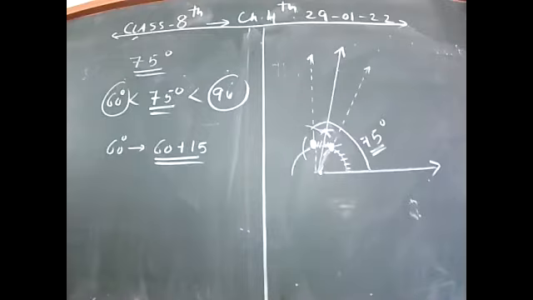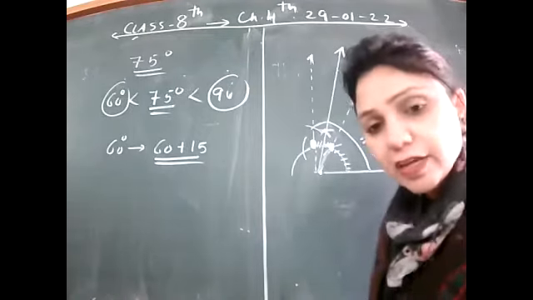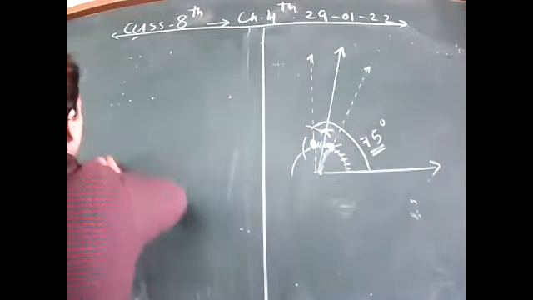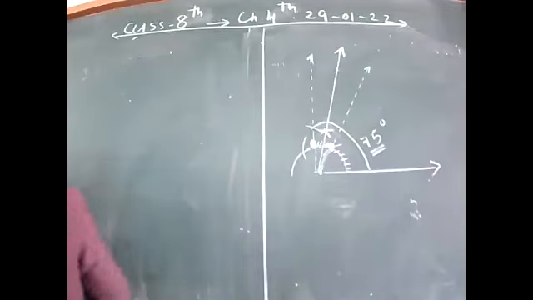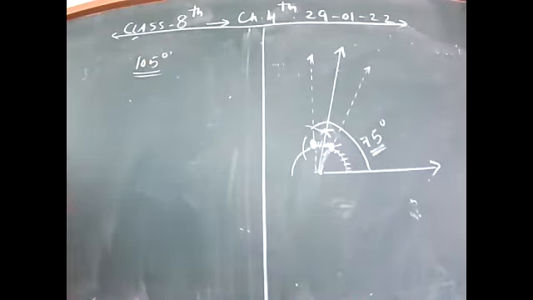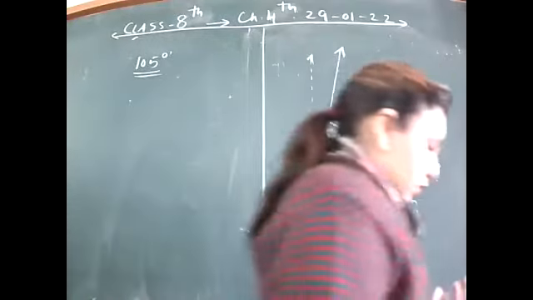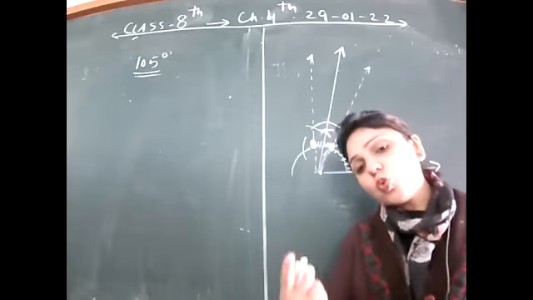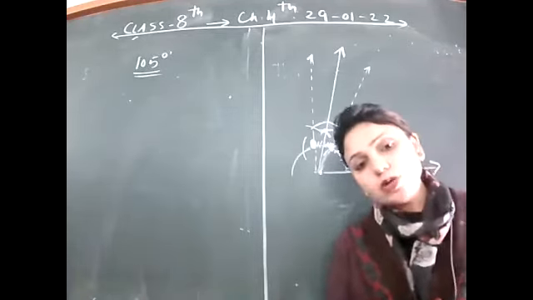Now I am proceeding towards 105 degree. These all we will need in the construction of quadrilaterals. That's why I'm discussing them separately. So we are going to start with 105 degree. Now you need to see that this 105 degree lies between which two angles which are already known to us.